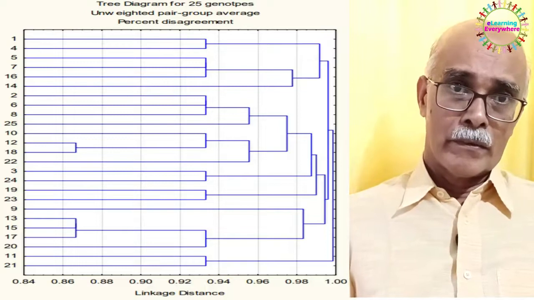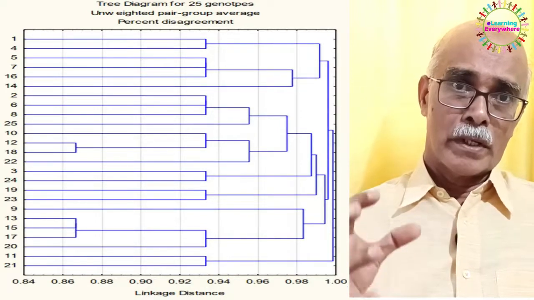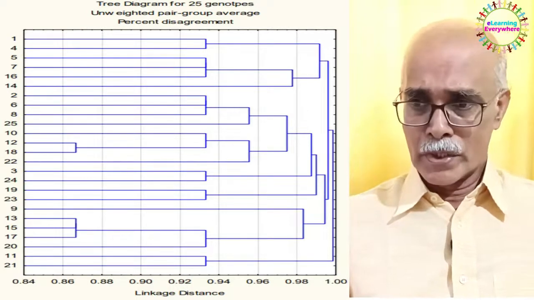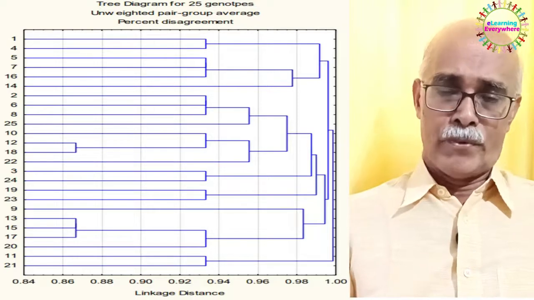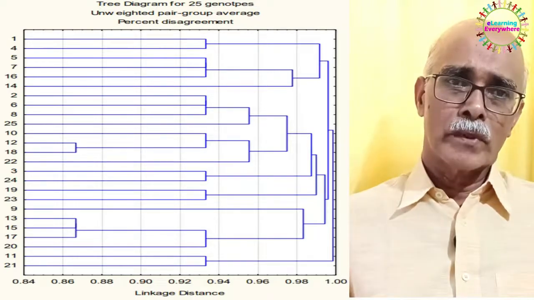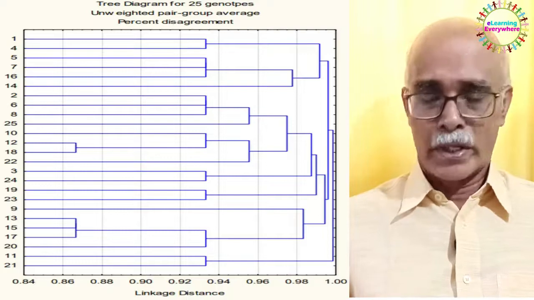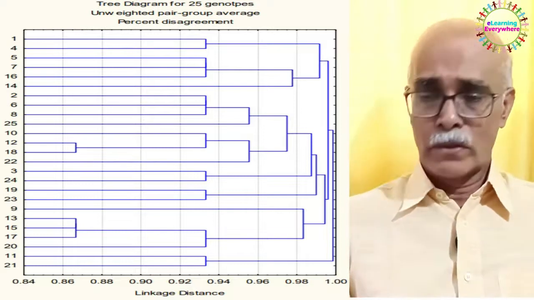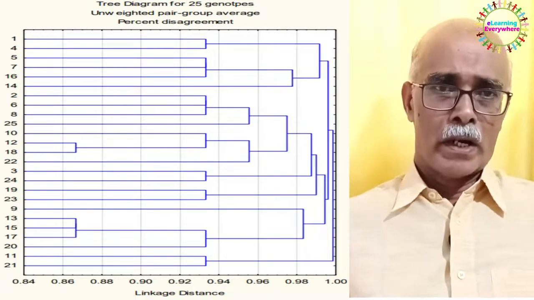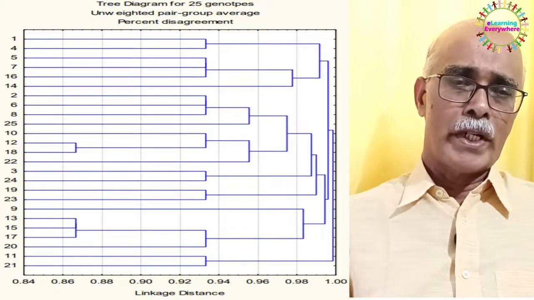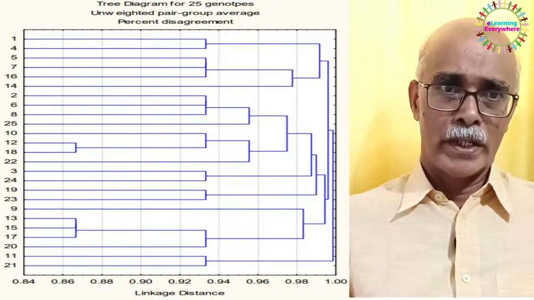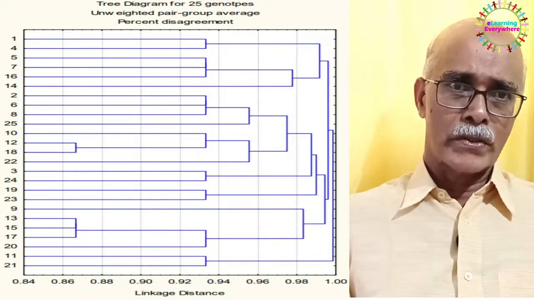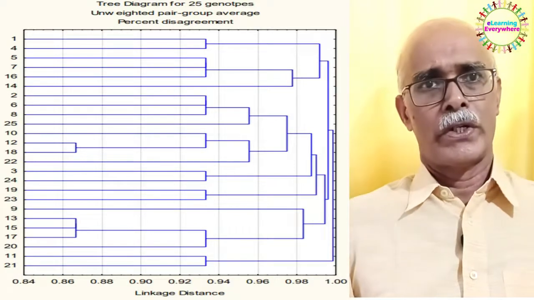It means that the variables which were taken into consideration at the time of cluster analysis showed very little difference in the case of these two genotypes. Similar is the case of the three genotypes 13, 15 and 17, and there also they might have shown very little difference between them, so that in the tree they are clustered as very nearly positioned leaves.